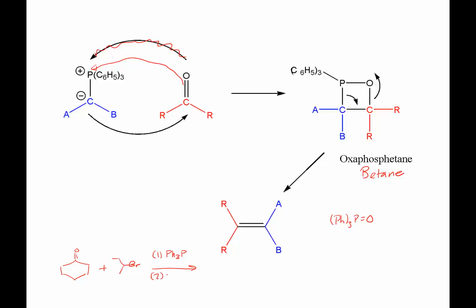Step 2, butyllithium. Step 3, there is no step 3. So those would be the 2 steps. These 2 steps turn this into an ylide, and so the final product would have a double bond, and then my alkyl halide. So that's how I would ask you to do a Wittig reaction.